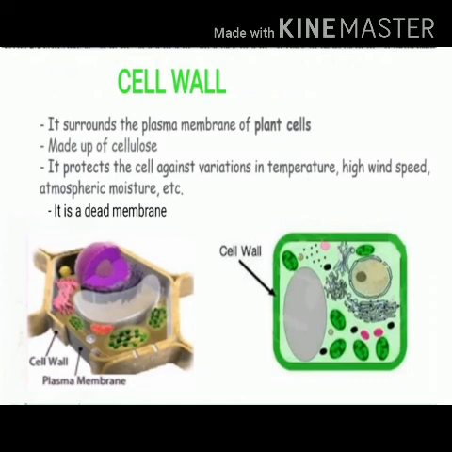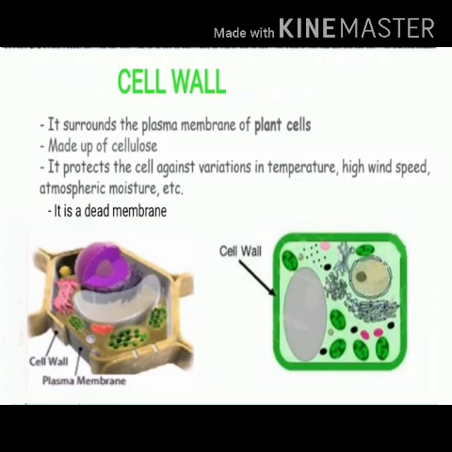It protects the cell from any mechanical injury in a harsh environment. As you know, plants are present outside, so they can be more easily affected by high temperature, high wind speed, any kind of climatic or environmental change. As they can't move, this dead part, the cell wall, protects the cell from outer harsh conditions.